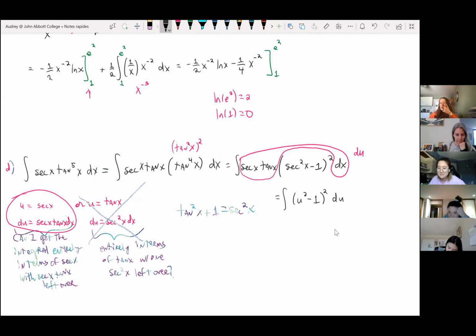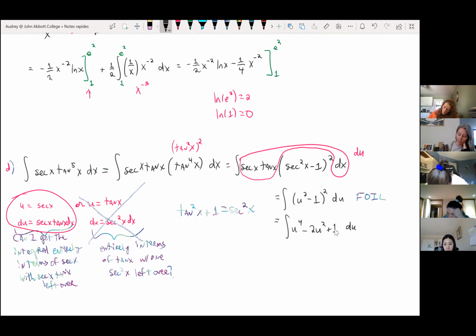You could square everything inside the bracket. You got it. I'm going to expand. Exactly. So I'm going to have u to the 4th minus 2u squared plus 1 du. I'm just doing my FOIL here when I expand.